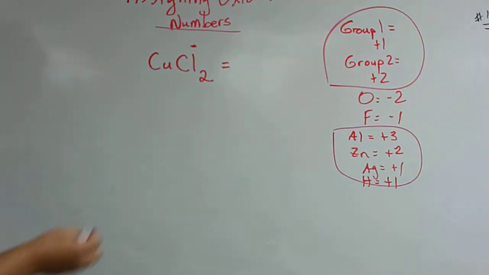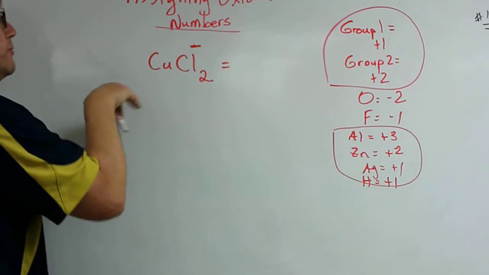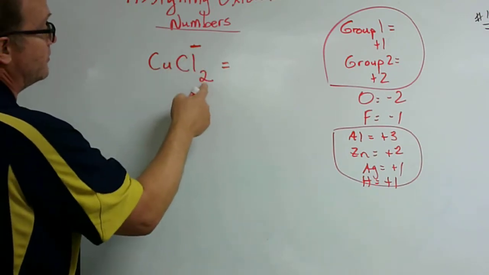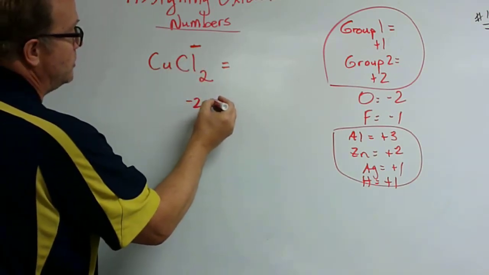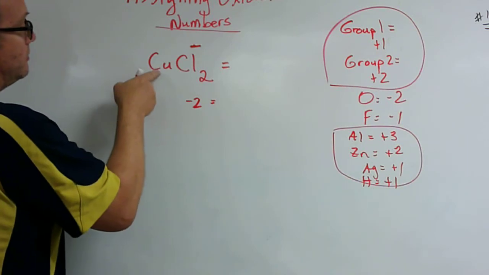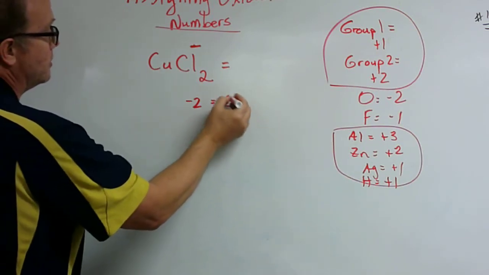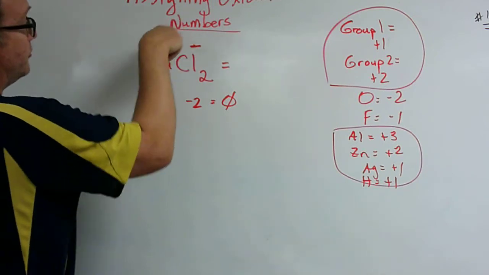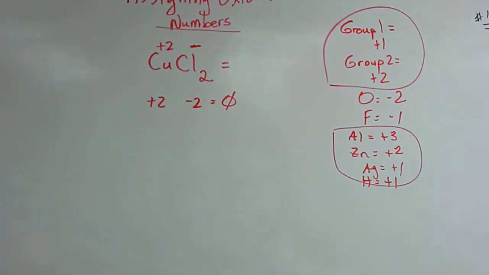Now this one's simple because we remember that you go on the other side. So if I have this, I'm going to have a negative 2. And then we also have to make this all equal to 0, so we got to make that a positive 2. So we just assigned the oxidation number for copper.